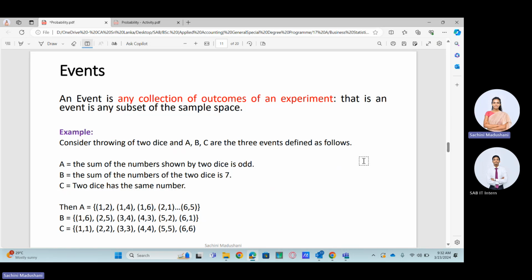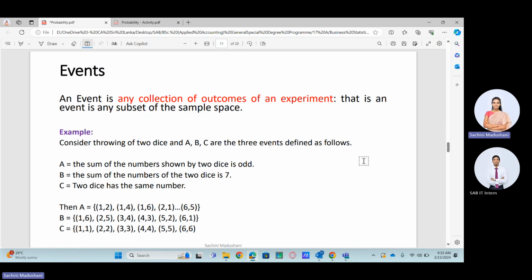Then we want to get an even number. We need to identify the outcomes for getting an even number. What are they? 2, 4, 6. It's a collection of the possible outcomes in our sample space. That we call what? An event.